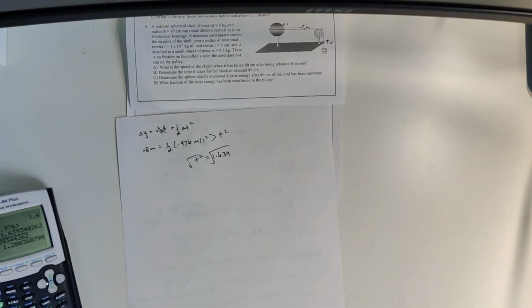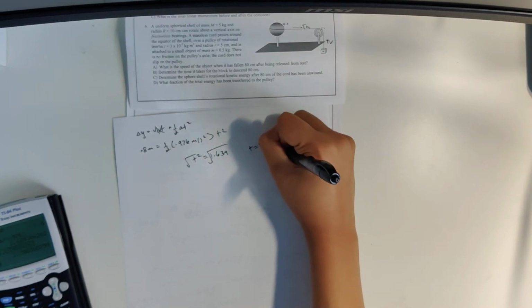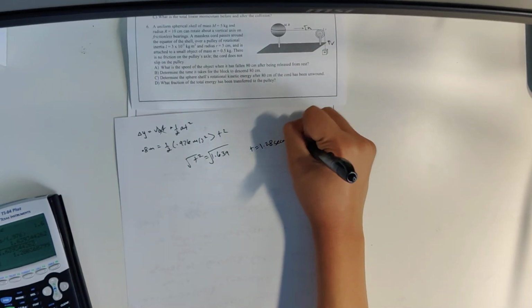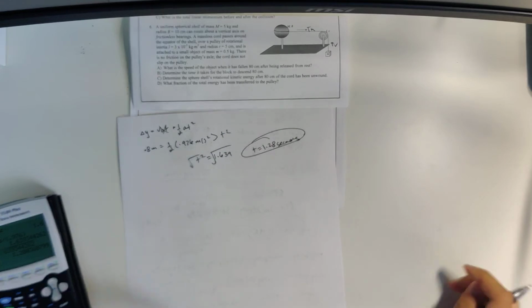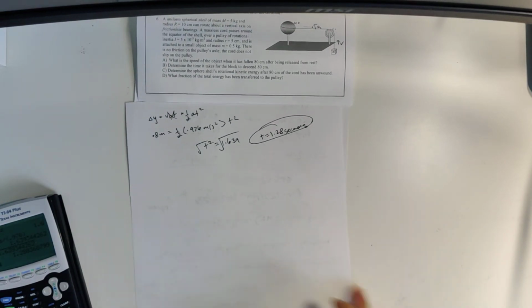And for my time, I got t equals 1.28 seconds. Alright, so that's part B right there. Part C, determine the sphere shell's rotational kinetic energy after 80 centimeters of the cord has been unwound.